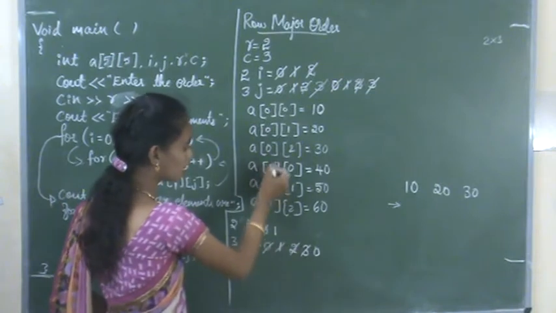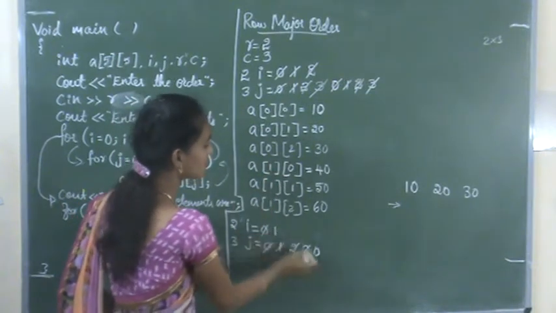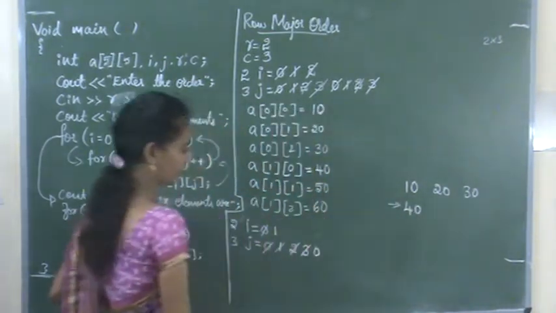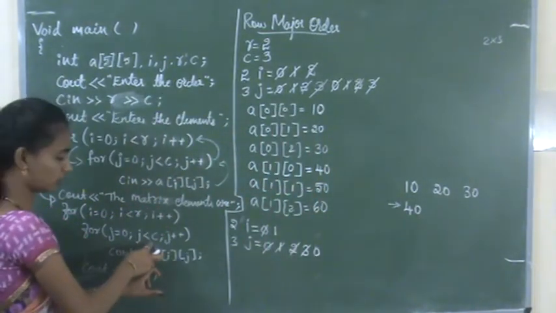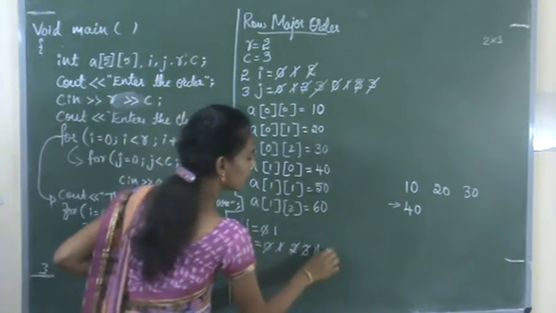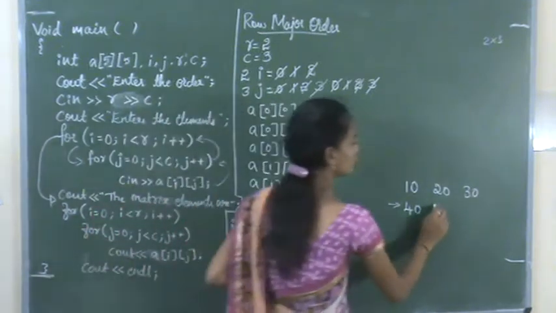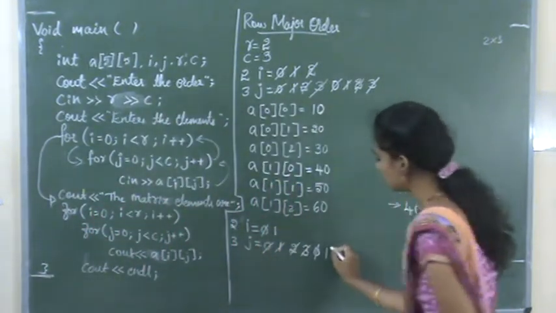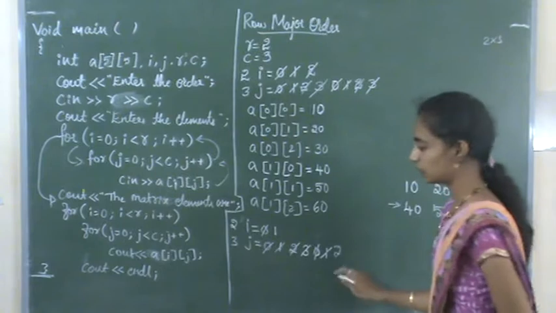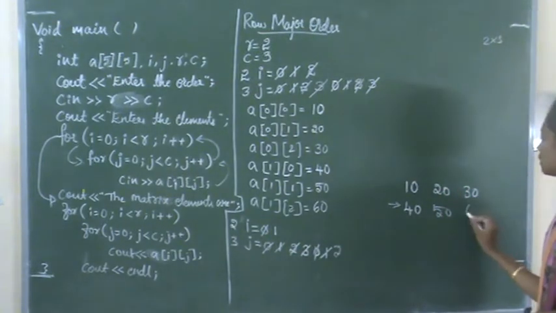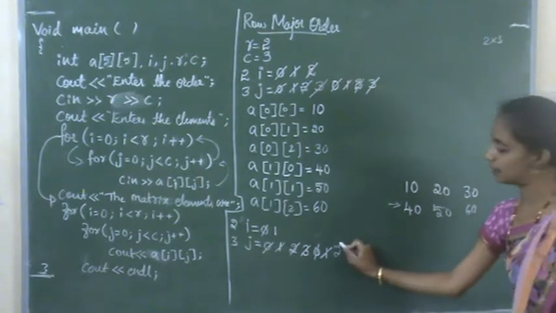What is a of 0, 1? Sorry, 1, 0. So that is 40. So 40 will be displayed here. Again it will repeat the loop. The j value becomes 1. What is a of 1, 1? It is 50. So 50 will be displayed. Again the j value is incremented, that is 2. So what is a of 1, 2? That is 60. So 60 will be displayed on the screen.